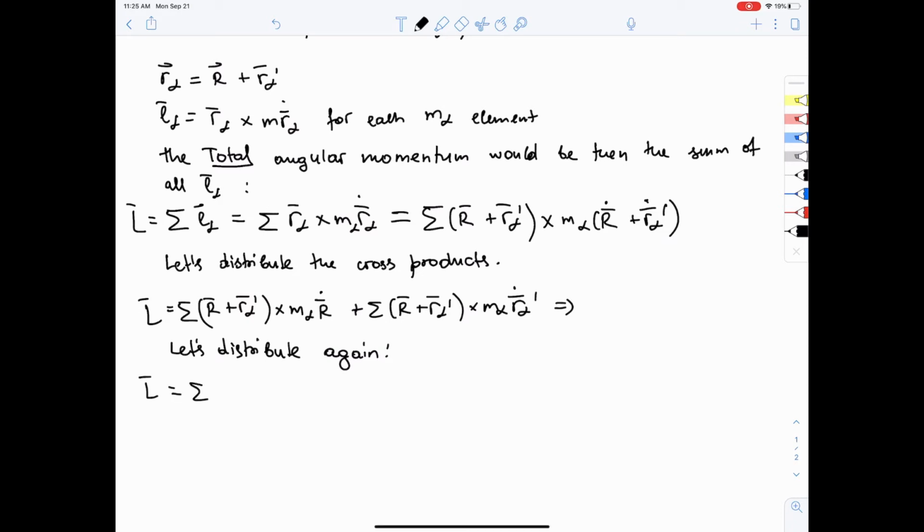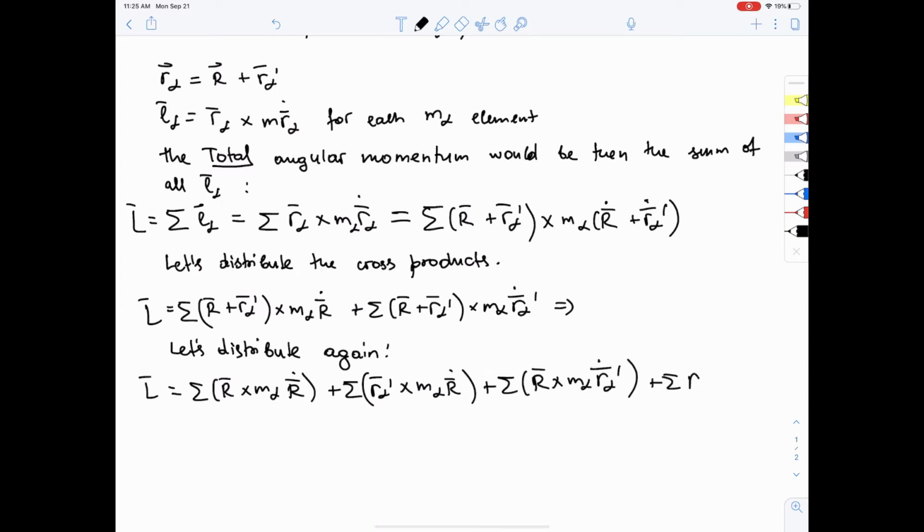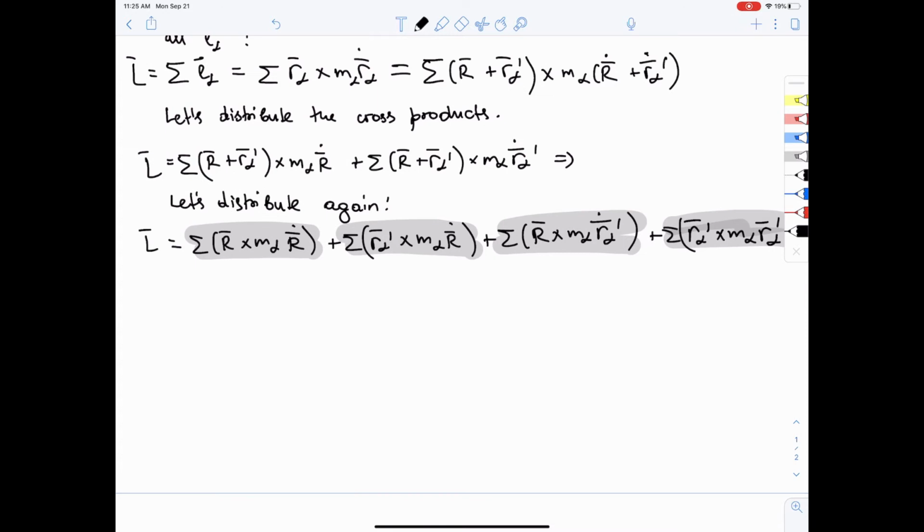So let's distribute again. The distribution gives us 4 terms, and each of these terms can be simplified further.